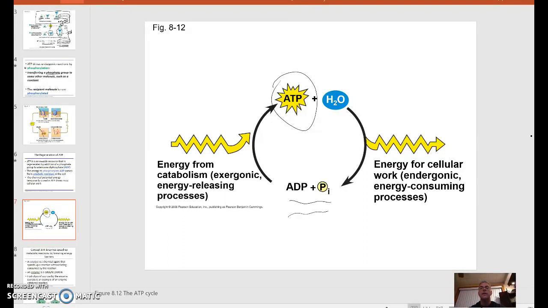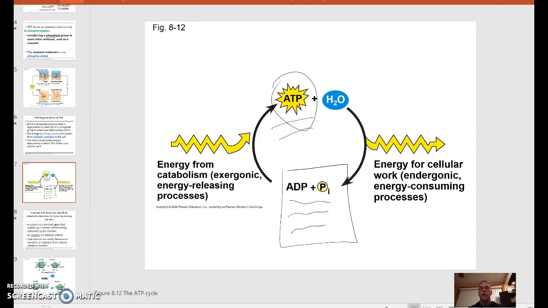Eventually, when you have your battery full of ADP, that's the low energy state. It's not going to be able to do any work. We want to reinvest energy into that through other processes to reestablish ATP. As we look at cellular respiration and photosynthesis, we're going to see the ADP ATP cycle quite a bit, and that's going to be an important idea.